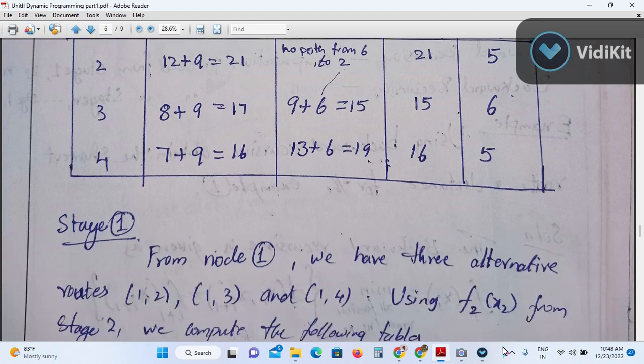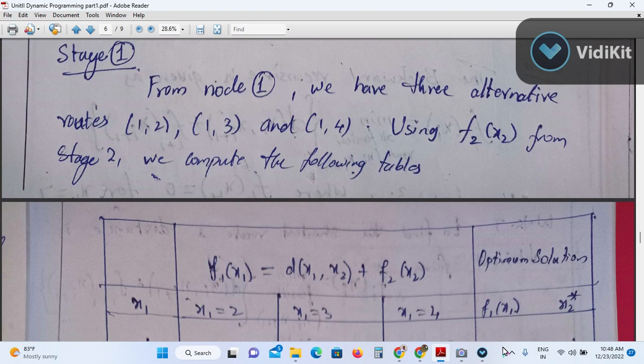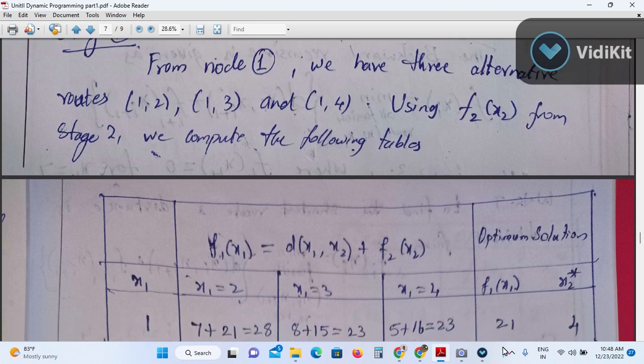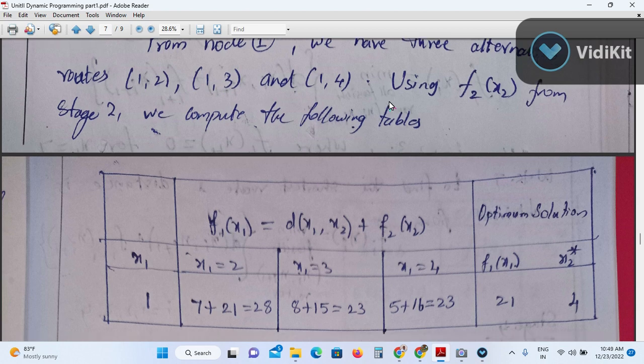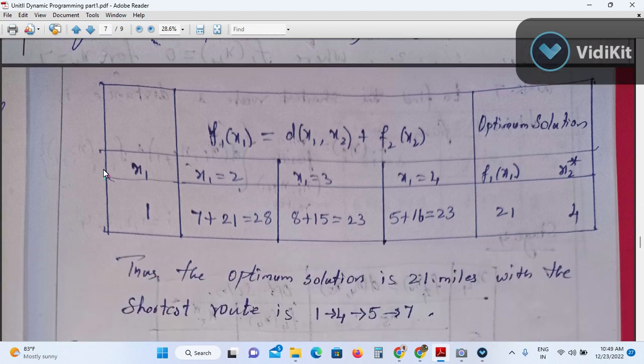Now the final step: I have to move to stage 1, case 1. From node 1, these are all the routes: 1 to 2, 1 to 3 and 1 to 4. The same step, I take x1 equal to 1. According to the formula, with i equal to 1, f1 of x1 is equal to d of x1, x2 plus f2 of x2.